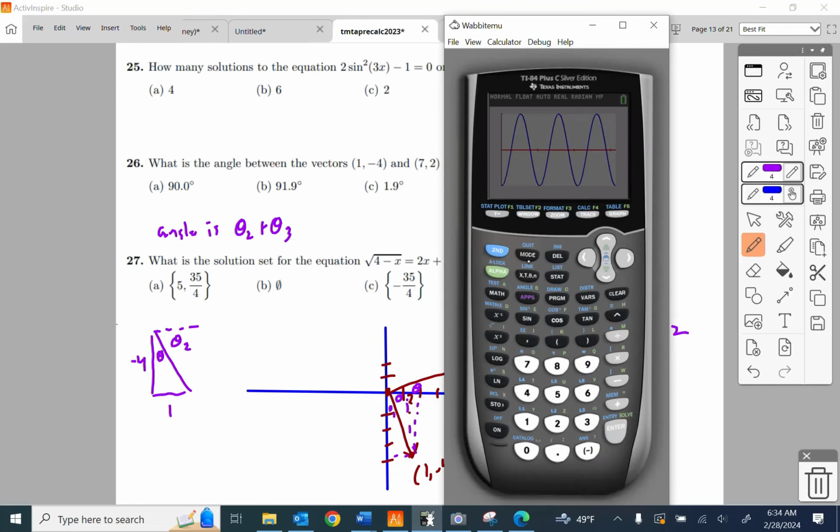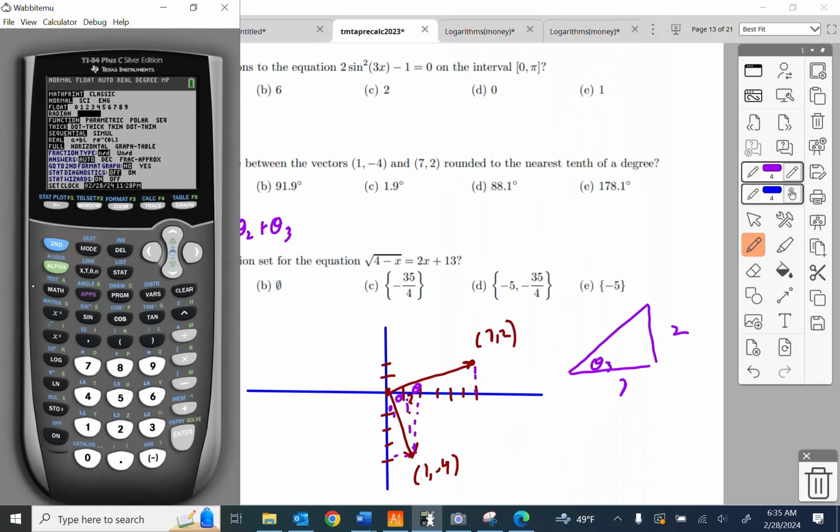And I'll push some buttons to get these angles. Let's see here. Put myself back in degree mode. This one was 1 unit across, 4, arctangent of 1 over negative 4.